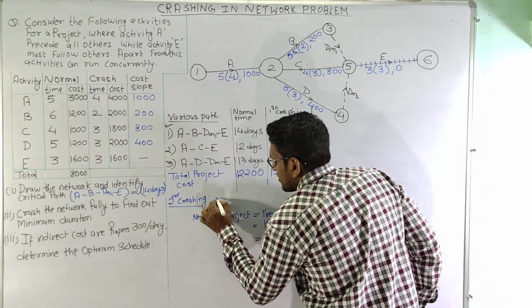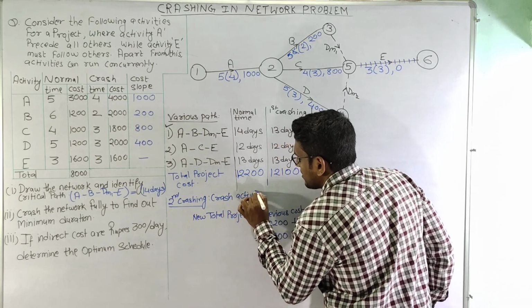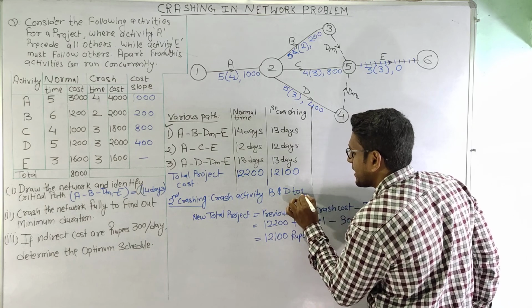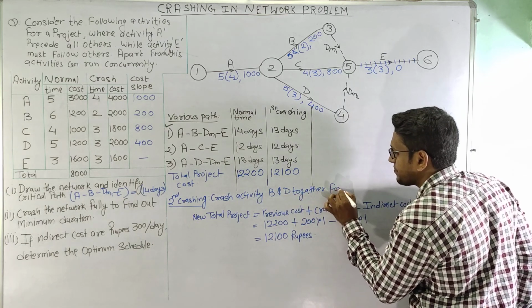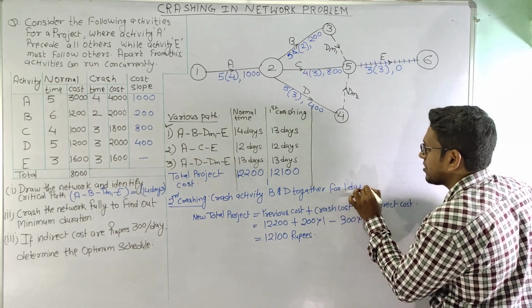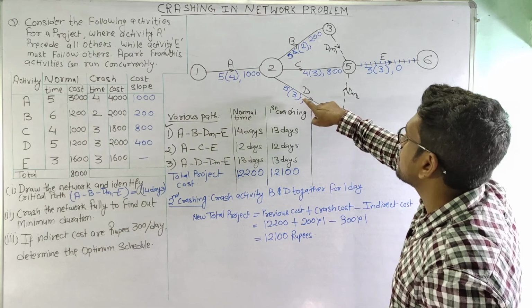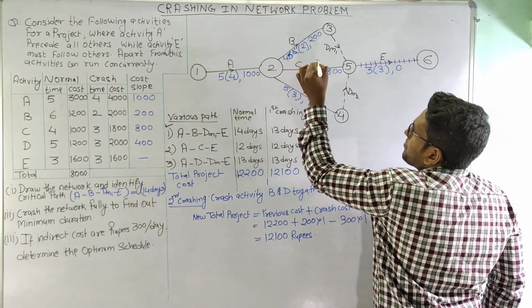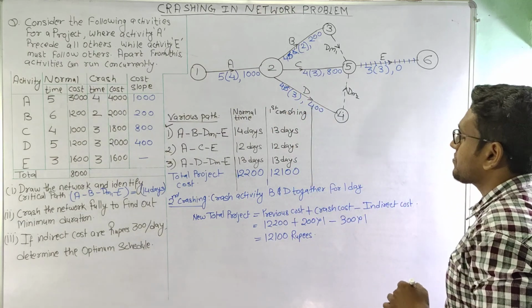So crash activity B and D together for 1 day. So as now activity B and D are crashed together, this 5 will become 4, this will become 4, and this 5 will become 4 here.